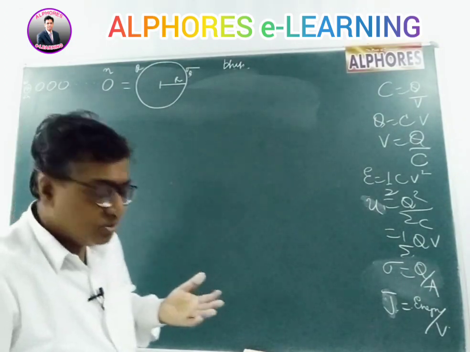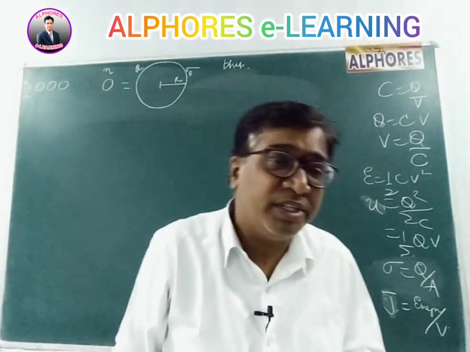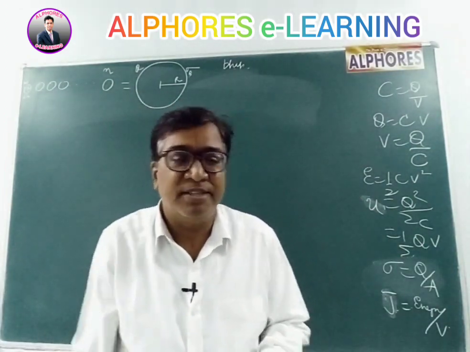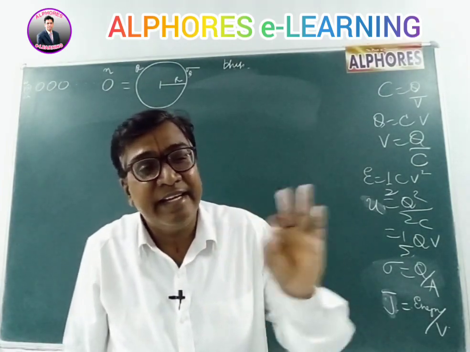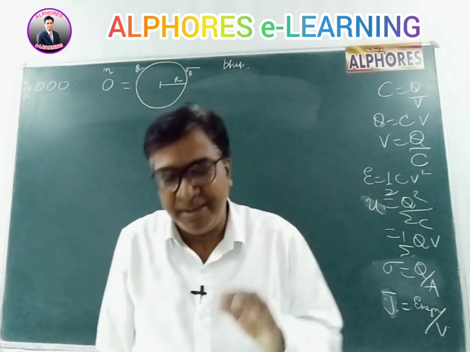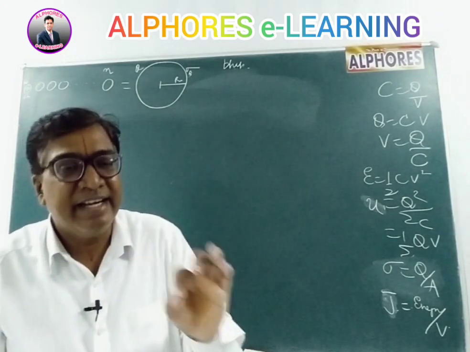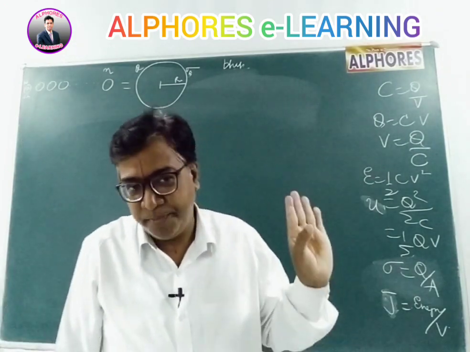According to charge, I was telling you in the earlier chapter, the properties of charge, I said charge is additive. You might be remembering, a very important property. Charge is additive. Charge is a scalar quantity.